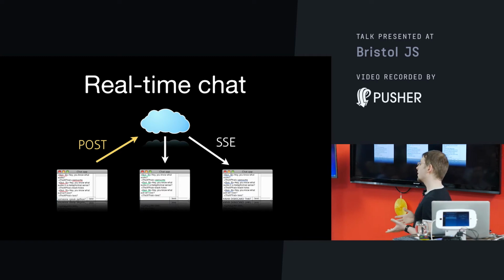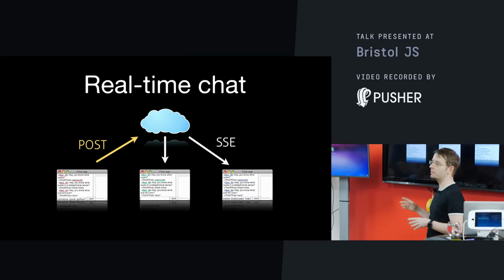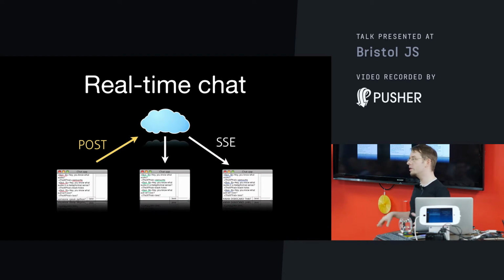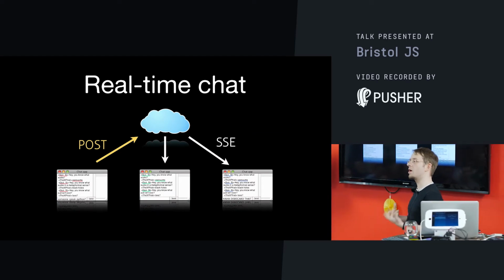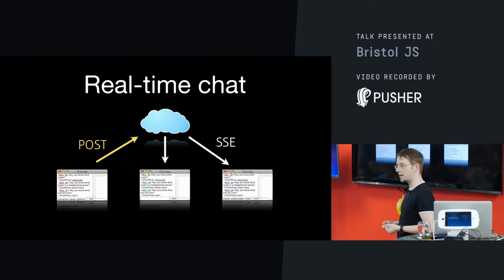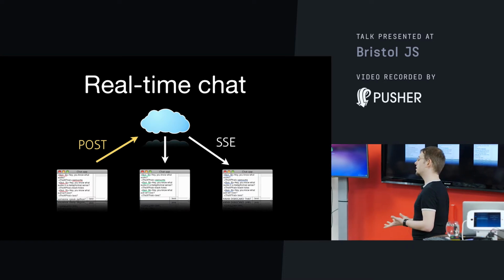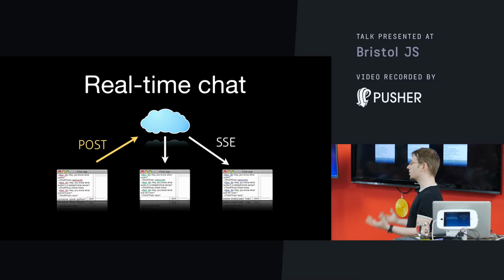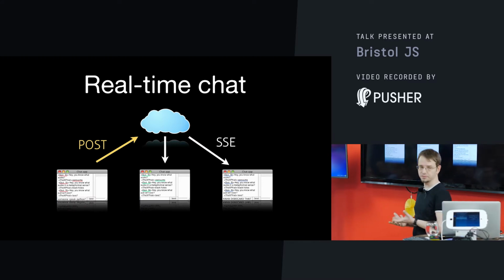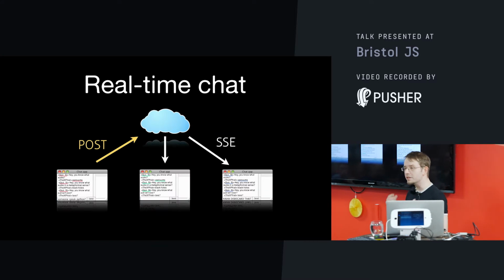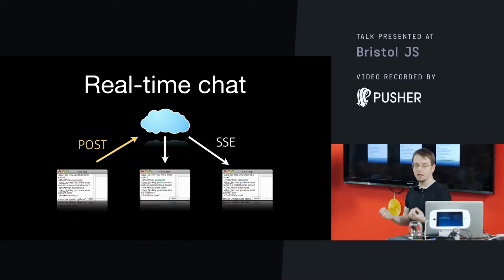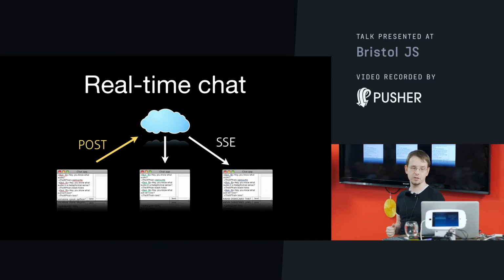But then, with server-sent events, you can make all the clients, all the other windows, all the other users, everyone else subscribe to listening to the events that happen on the server. So the server can say, hey, there's a new message, there's a notification, something happened. And then all the clients will immediately, in real time, get the message.